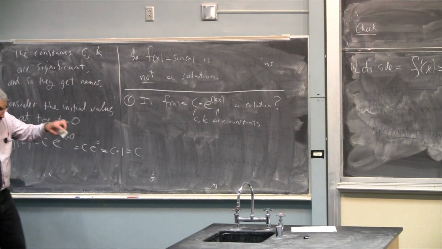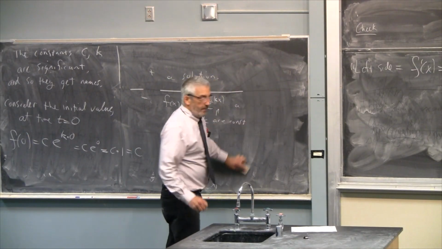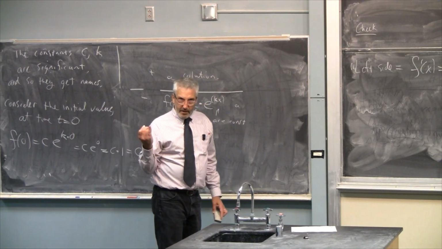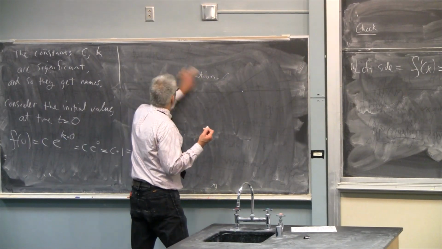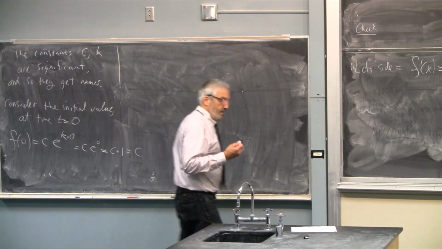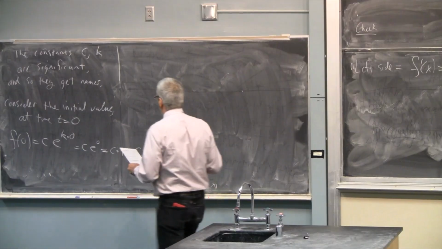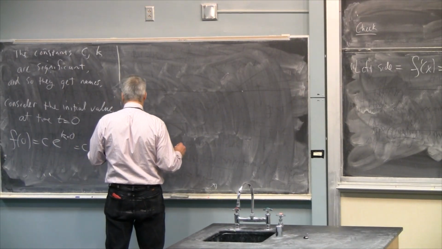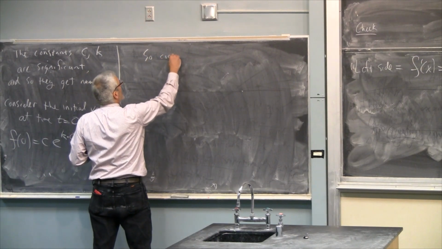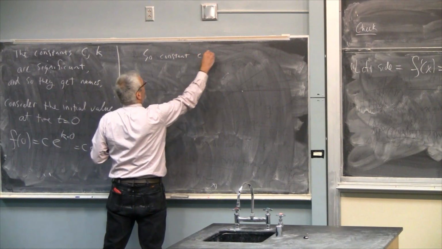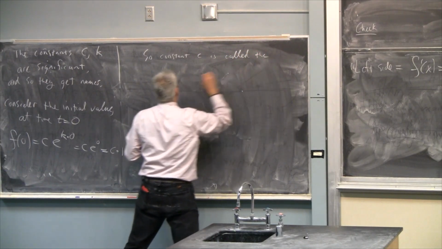Oh, so in that formula, f of t equals c e to the kt, the letter c is telling you the initial value of the function. So constant c is called the initial value.